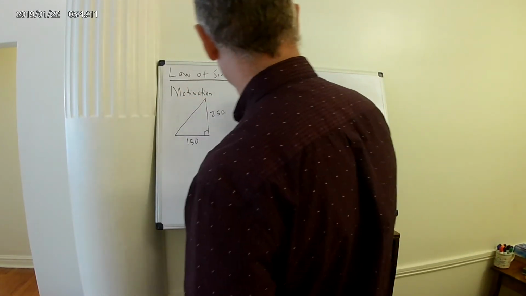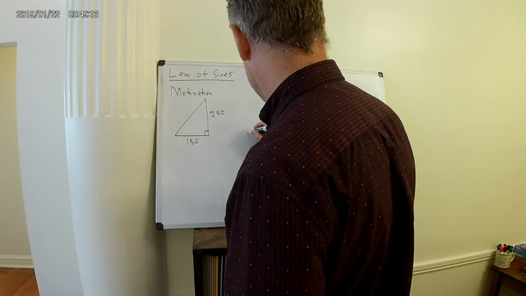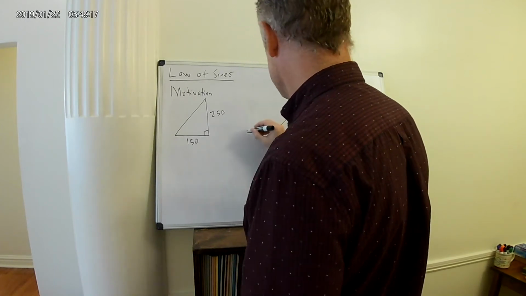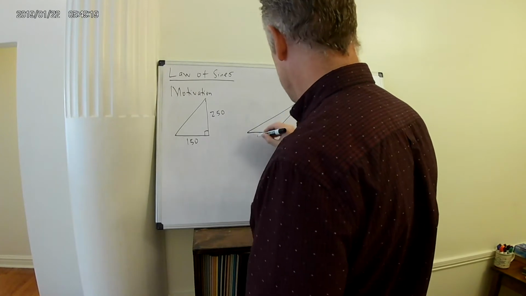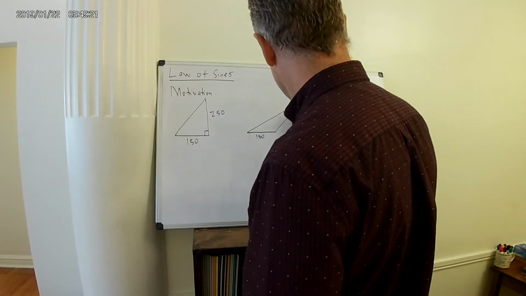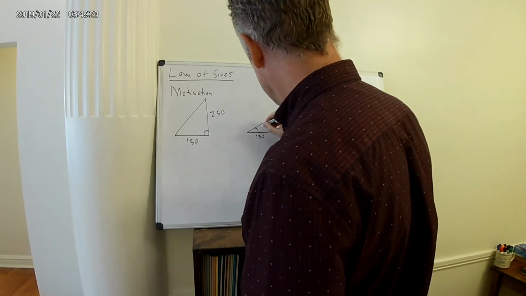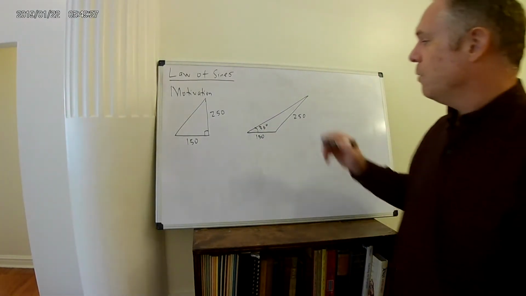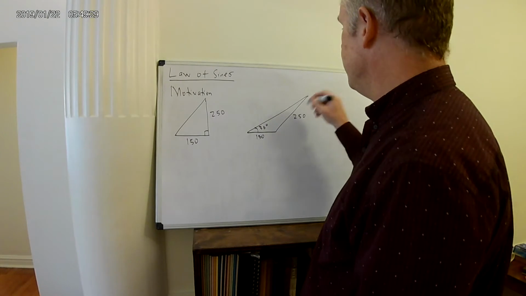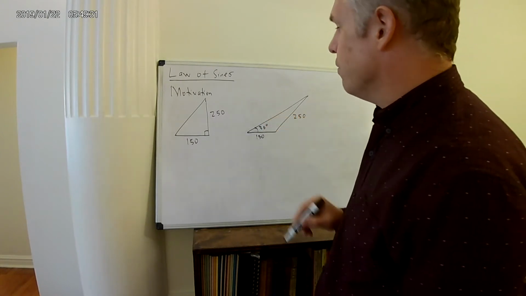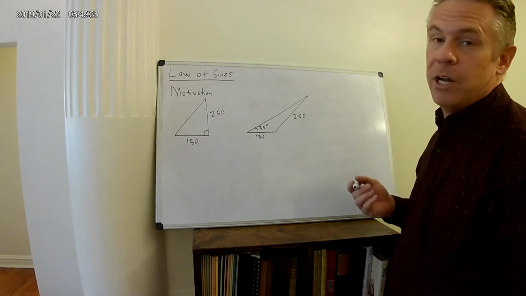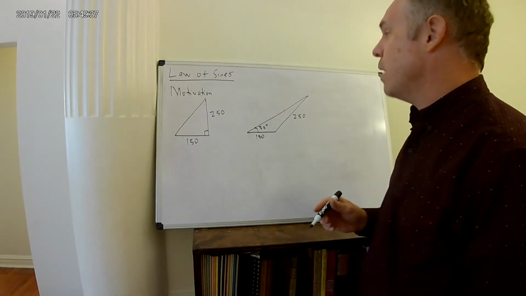So we can solve this. However, if I gave you guys this triangle, which also has a side length 150 and 250, and an angle here of 30, this triangle we would not be able to solve with what we know right now, because this is not a right triangle.